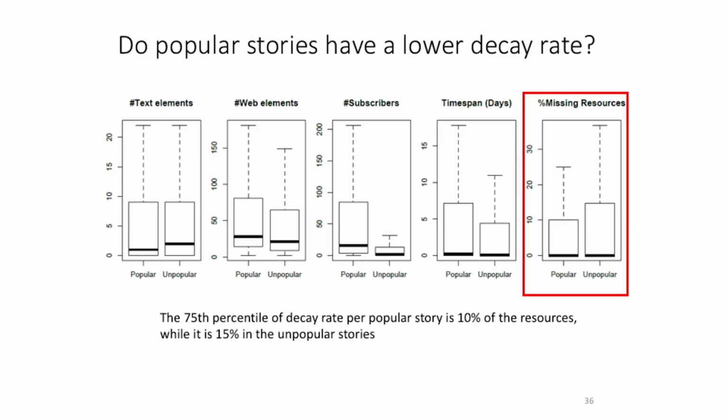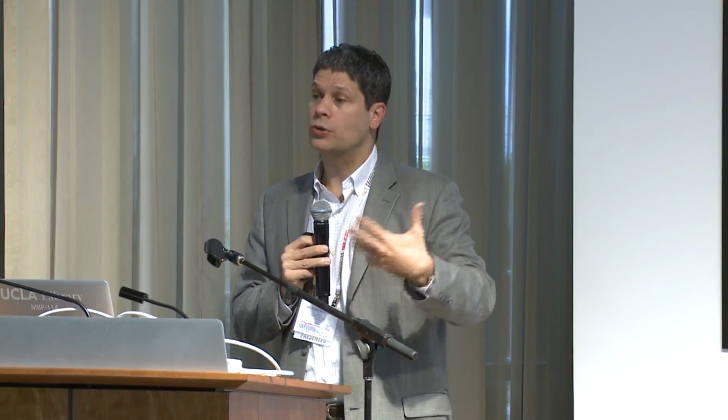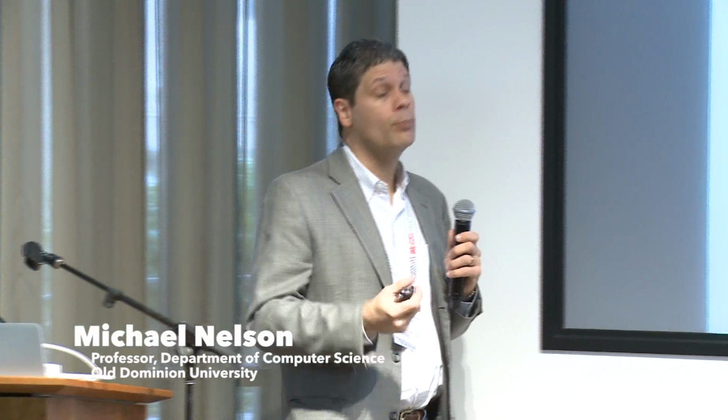And then we also looked, and this is related, at the link rot of the elements that were in the story, which was significantly less, 10 versus 15%, for popular versus unpopular stories. So basically, the popular stories reflect somebody performing a curatorial activity, adding more stuff, continuing to edit it, perhaps replacing broken links with non-broken links, or perhaps choosing better links to begin with.